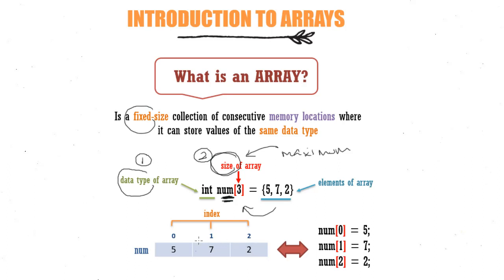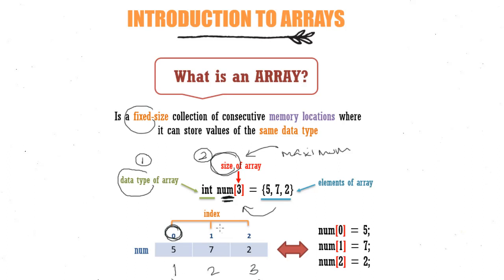With an array, the first element will always be 0, no matter what. So if you do 3 here, since the first element is 0, it will be 1, 2, 3, meaning that there are 3 elements inside your array.